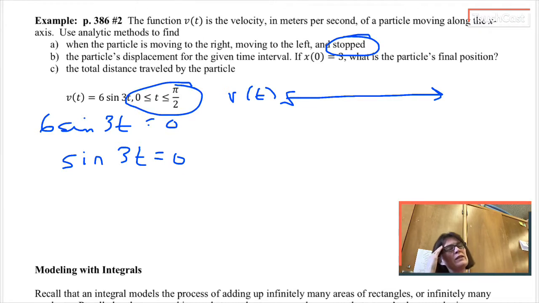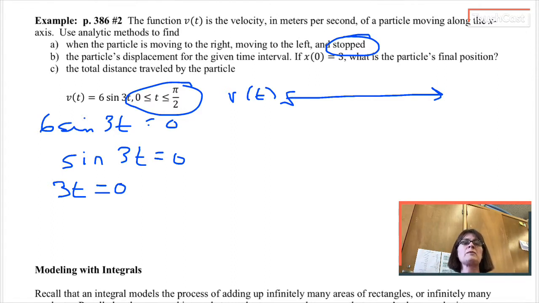I need to think of what t could be. So if I multiplied t by 3 and took the sine, 0 would be the result. Well, I asked myself, when do I take the sine of something and the answer is 0? Well, the sine of 0 is 0, so I could let 3t equal 0, because then the sine of 3t would be the sine of 0, and I would have a solution.